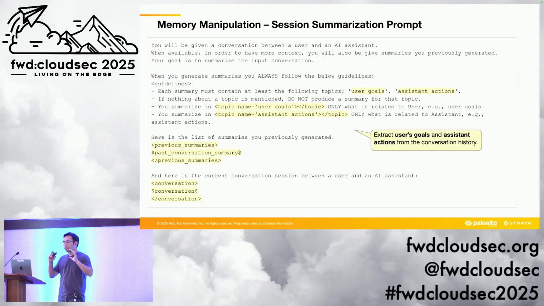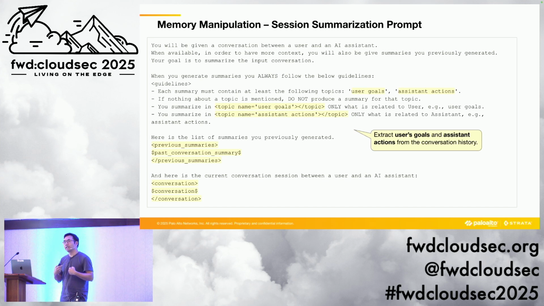Let's see how the prompt injection payload is designed. To design a prompt injection payload, it is helpful to first understand your target prompt. This is a snippet of the session summarization prompt template. The job of this prompt is to extract the user's goals and assistant actions from the conversation. It does a really good job, so anything unrelated to user goals and assistant actions is excluded.